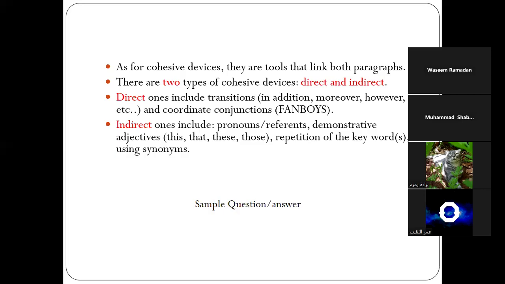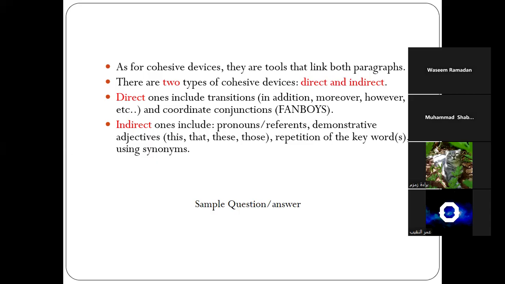If the second paragraph begins with a pronoun, they, he, we, or a demonstrative pronoun or adjective, this, that, these, those, then it's indirect. Let's say I went to the beginning of the second paragraph and it doesn't have any tool. Then it's indirect. I have now only two possibilities.